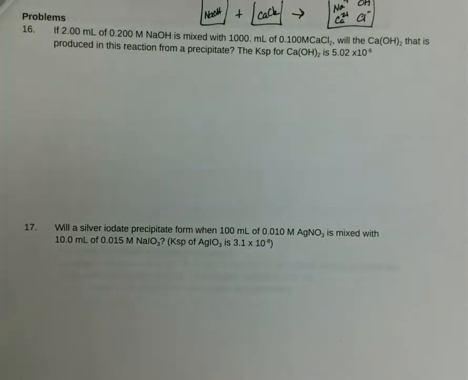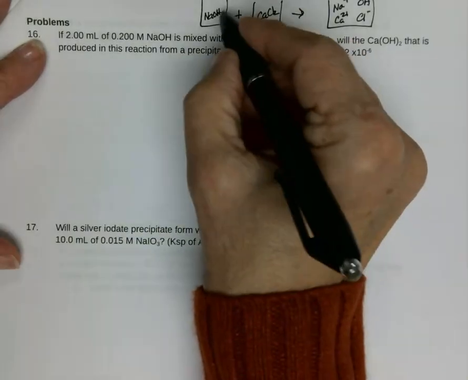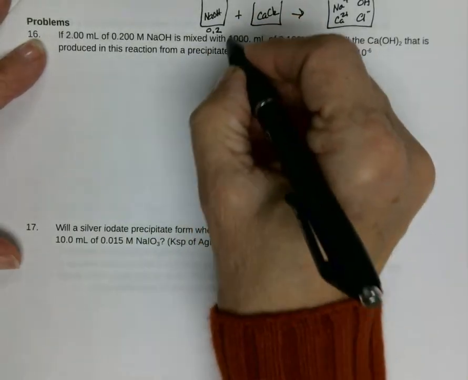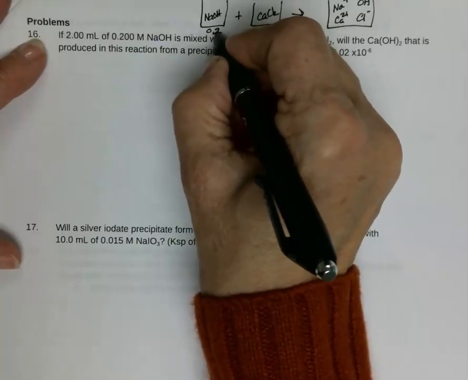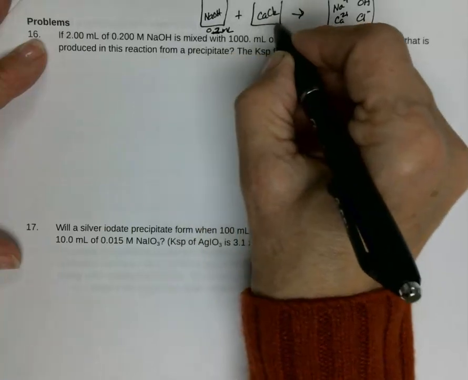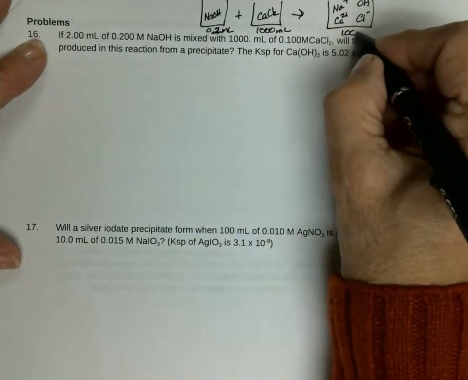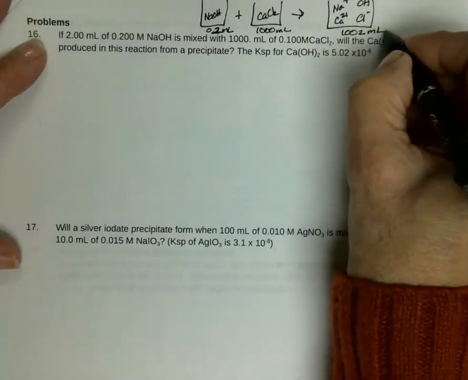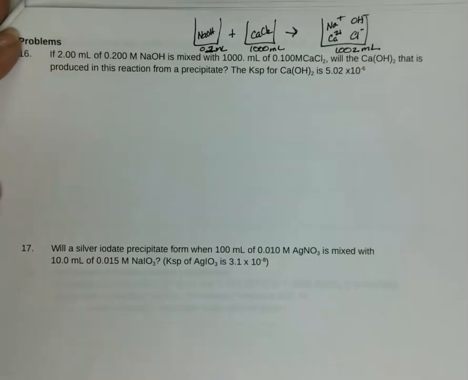And no, I did not make those in correct proportion to each other, but this is what we have. So again, we're starting with 2 milliliters, and this one is 1,000 milliliters.